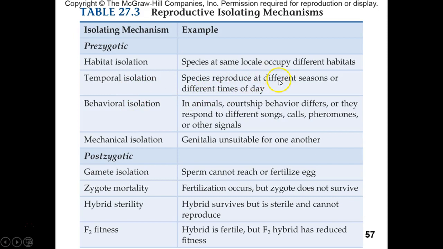There are a lot of organisms that have specific seasons for reproduction or different times of day that they reproduce, and so they're not going to come in contact with another species that they could reproduce with, because they don't reproduce at the same time. Behavioral isolation.